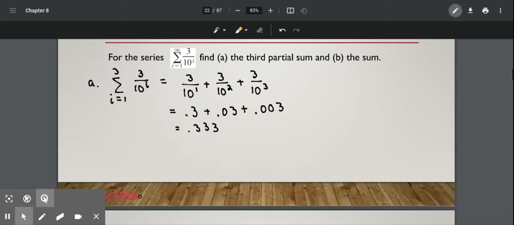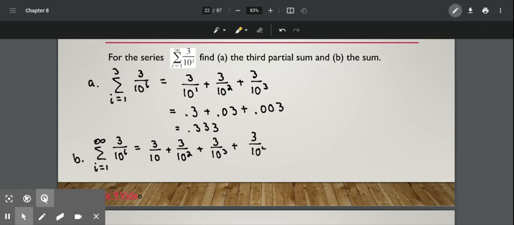And so if we go to part B, if we were adding the sum as i goes from 1 to infinity of 3 over 10 to the i, if you look at the pattern of what we had, when you have your 3 over 10 to the 1 and 3 over 10 to the 2 and 3 over 10 to the 3, which was from before, if we kept going, we'd follow that same pattern that we had up above, where you have your 0.3 plus 0.03 plus 0.003.